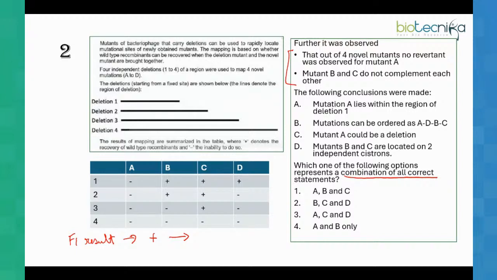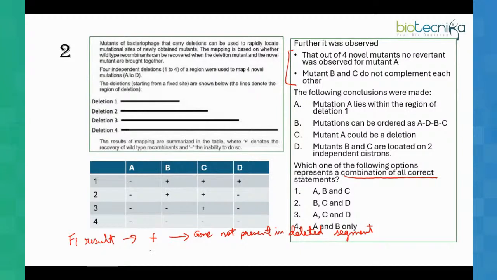So if we have got wild type progeny in the F1 generation, it means the gene is not present in the deleted segment. Is it making sense, everyone? If we get wild type phenotype in F1, that means the gene is not present in the deleted segment.